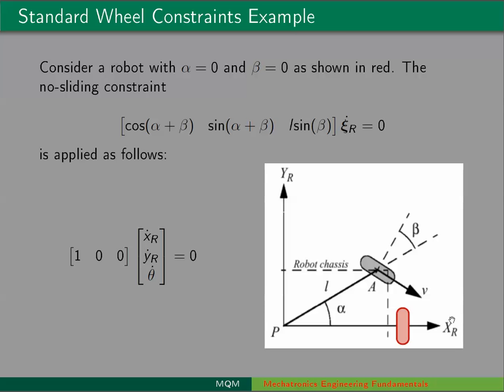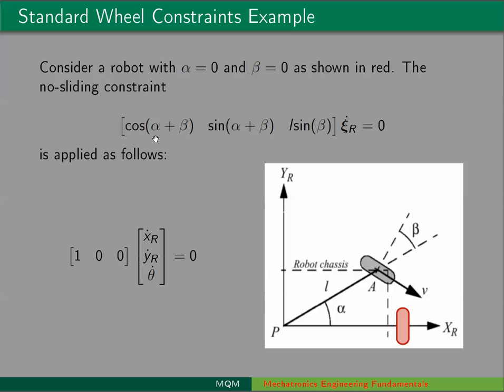Here's an example of using the rolling constraint. In this example, we have a robot where alpha is 0 and beta is 0. And so the wheel would be at this position relative to the robot frame. So here's the equation from the previous slide of the no sliding constraint.